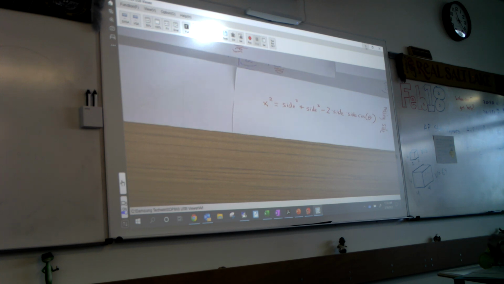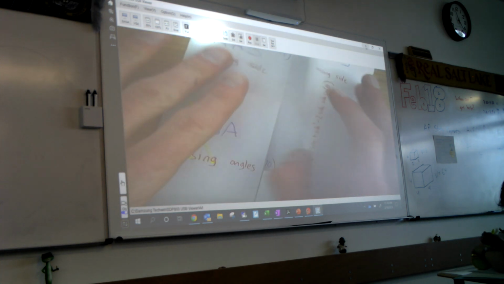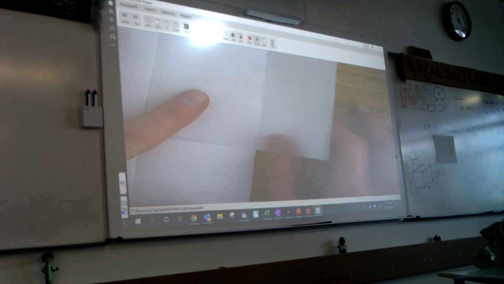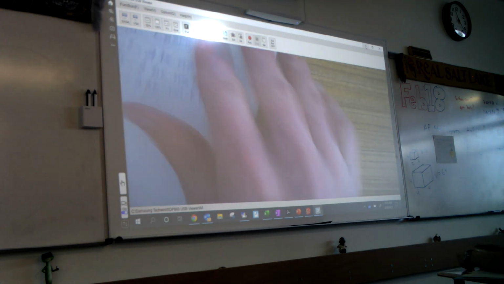I still see some people writing, so let me wait a second before we actually do this. Alright, let's look at this example here, okay? If I'm using the letters on the back, I'm trying to find side c. So which of these formulas should I use?